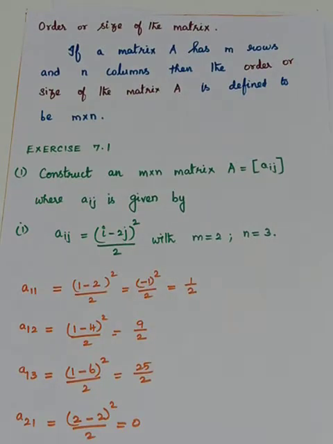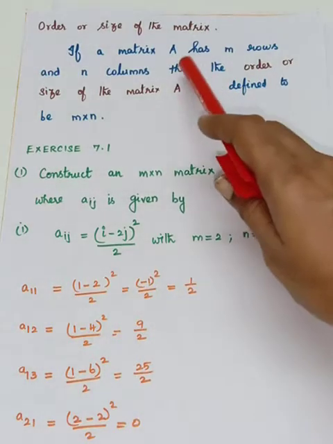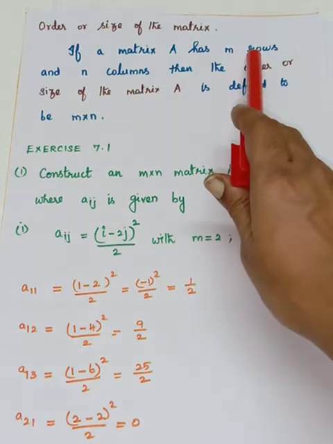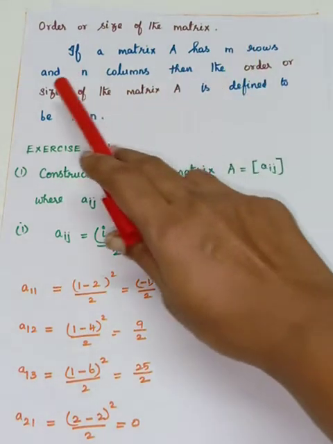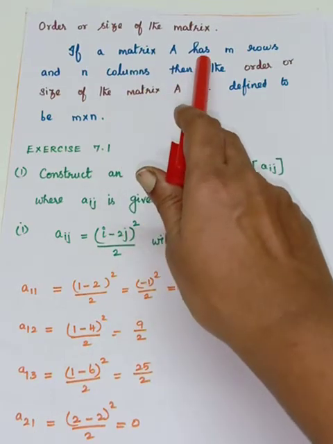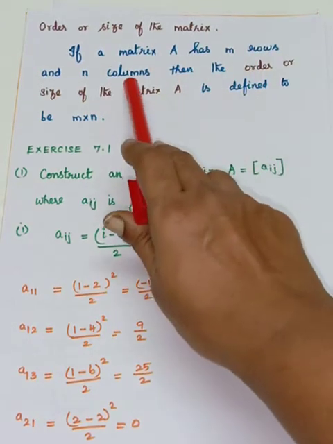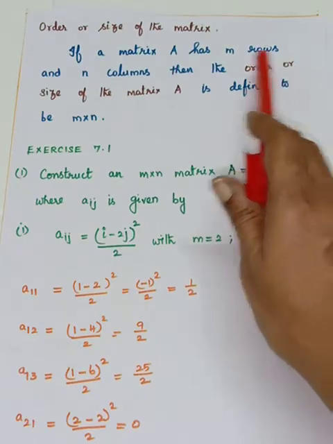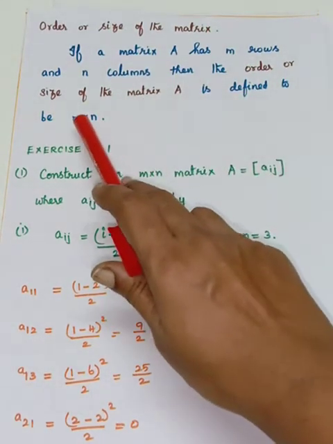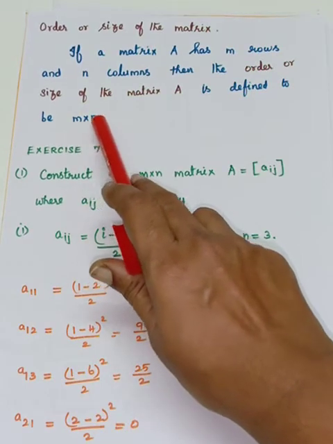Next we are going to see the order and size of the matrix. If a matrix A has m rows and n columns, then the order or size of the matrix A is defined to be m by n.